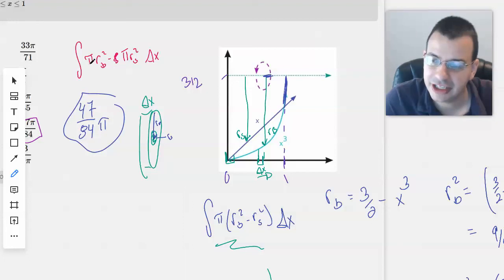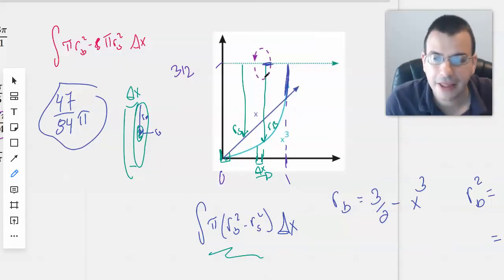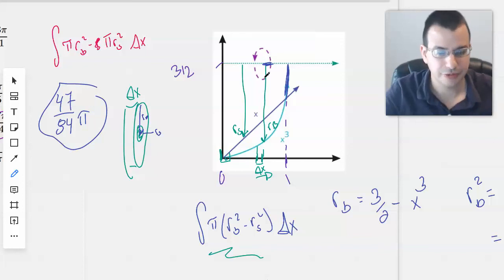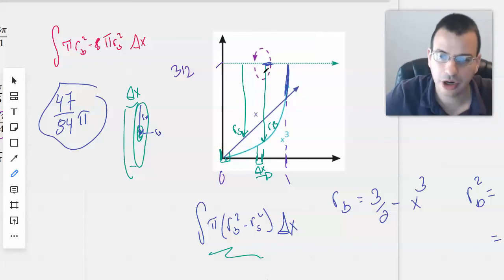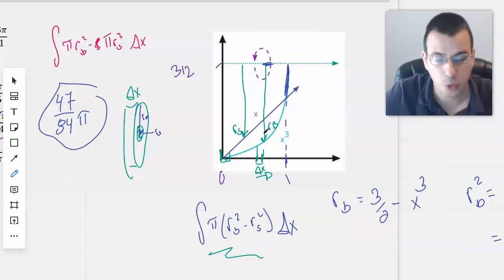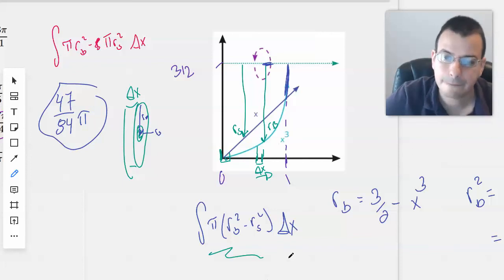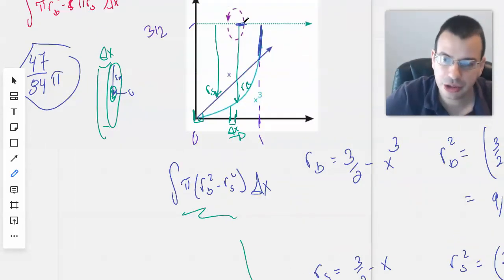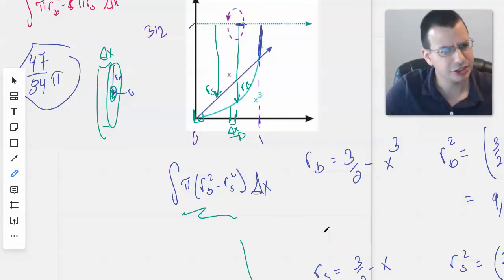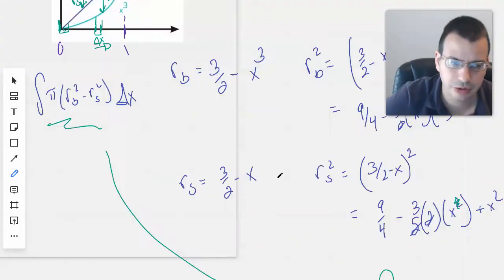And this is pi r big squared minus pi r small squared. And that's just two disks, one disk subtracted from the other. And then we draw up where our radii are, r big and r small. And this one's going to be 3/2 minus x cubed. This one's going to be 3/2 minus x. And then we test the endpoints, kind of make sure that, yeah, these are possible, these look reasonable.